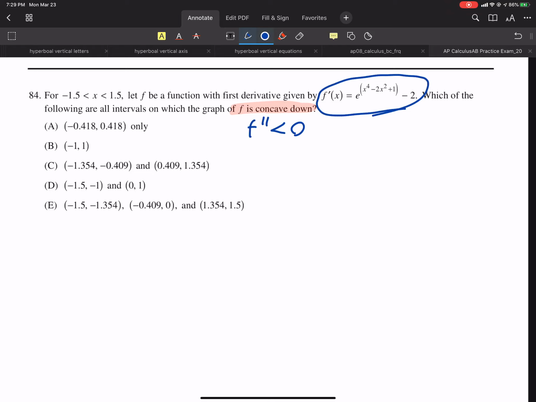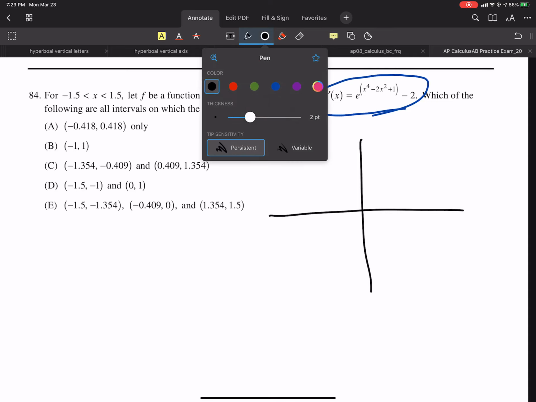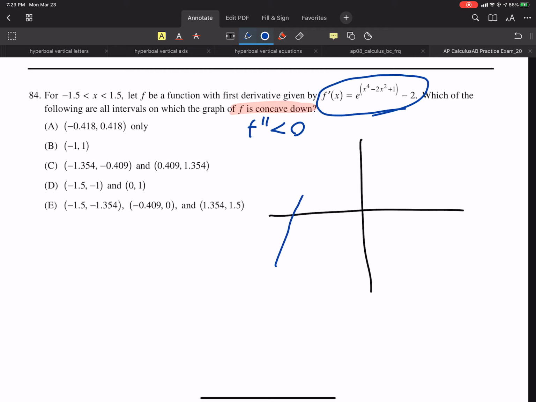So I'll go negative 10 to 10, just to give me a decent size window. All right, it's graphing right now. I'm going to show you what the graph looks like. I'm getting a graph that looks roughly like this.